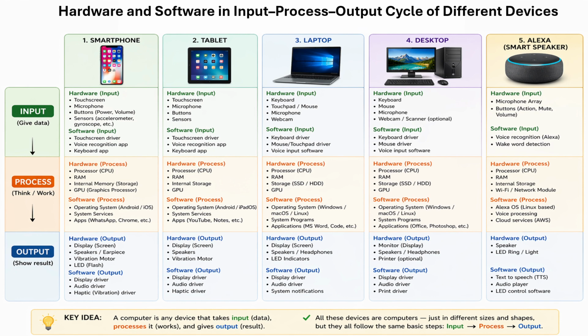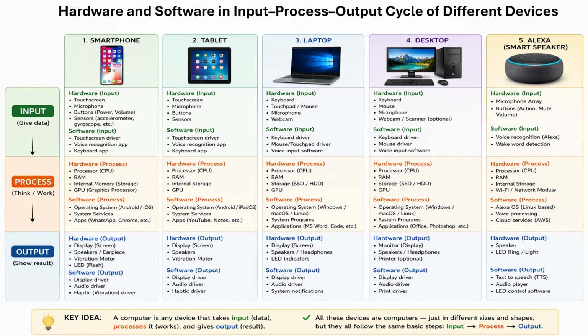Okay. So moving on to hardware and software. Our base would always be the input, process, output cycle. On the screen I have shown how each of these performs in the IPO cycle, that is input, process, output, on all these different devices.